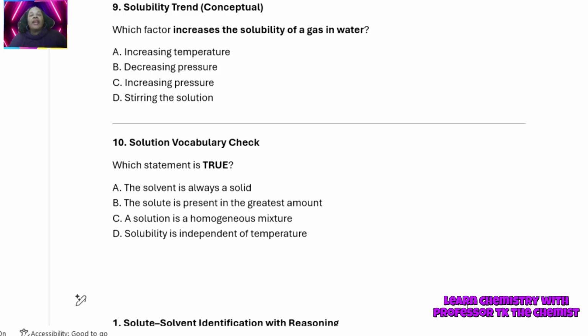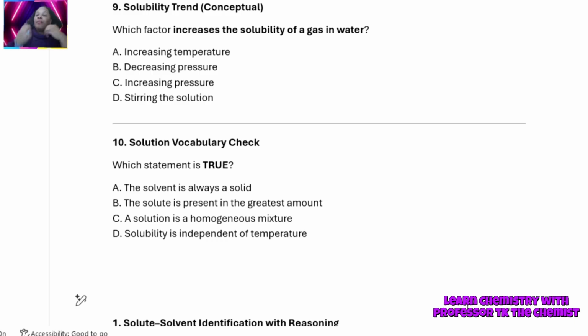Remember, to increase the pressure, okay? If you increase pressure, that means you have a higher solubility. And again, the science behind this is Henry's law. Remember the example I gave you all about opening up a can of soda? For gases dissolved in liquids, higher pressure means higher solubility.